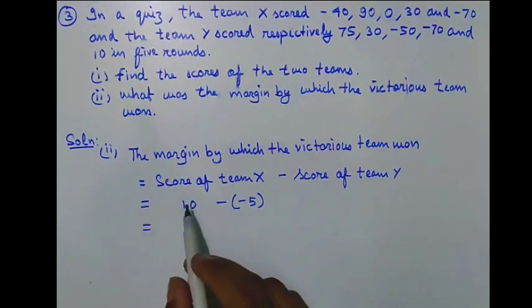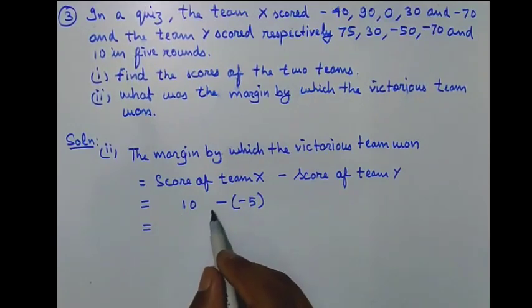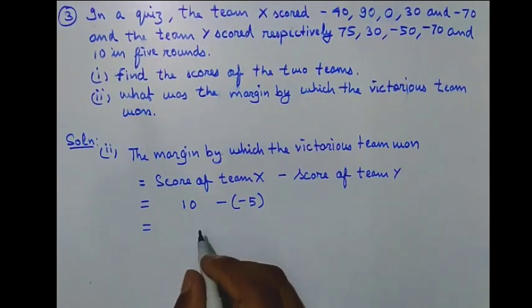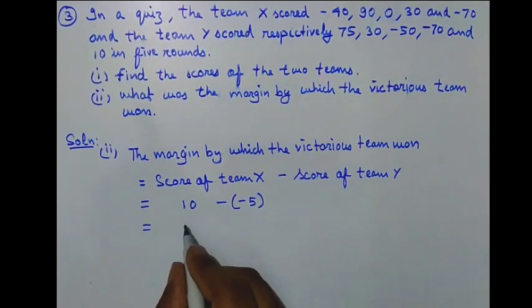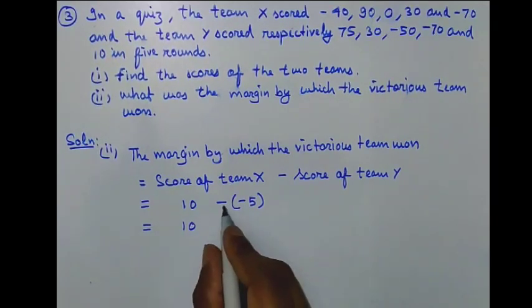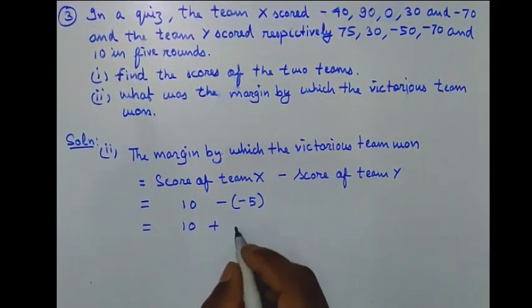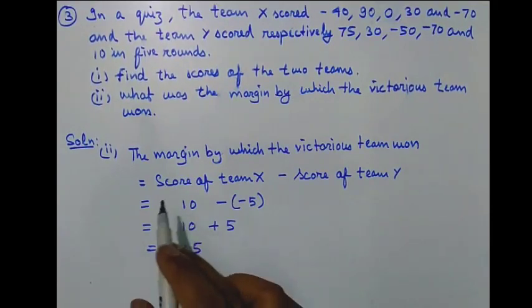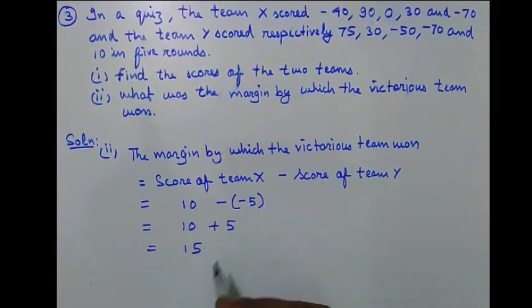We change the subtraction to addition and the sign of the integer changes, so it becomes 10 plus 5, which is 15. So the margin by which the victorious team won is 15. It is the answer. Clear?